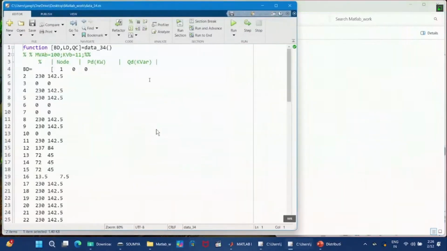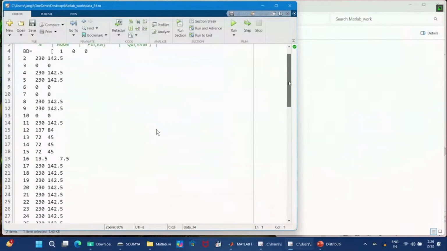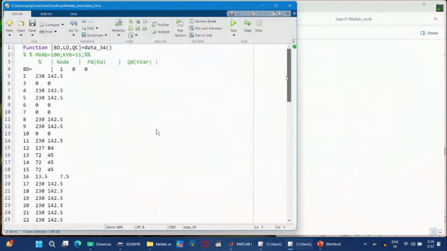If I open data34, it looks like this. Bus data for all of the nodes is given, as well as line data. In the load data, bus number 1 is considered the substation bus, that's why its load is considered 0 and 0. For the other nodes, certain data is available, and we have noted it down.